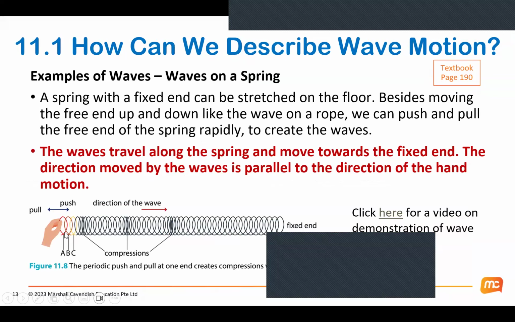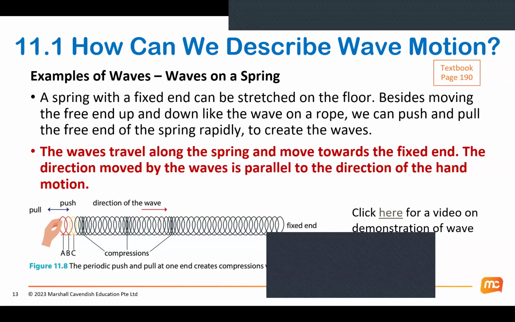By pulling and pushing it, I am creating a disturbance, so my wave will travel away from the disturbance. The direction of wave travel will be to the right, but now the direction of vibration of the particles will be parallel to the direction of the wave travel. So this is another type of wave that I can create.